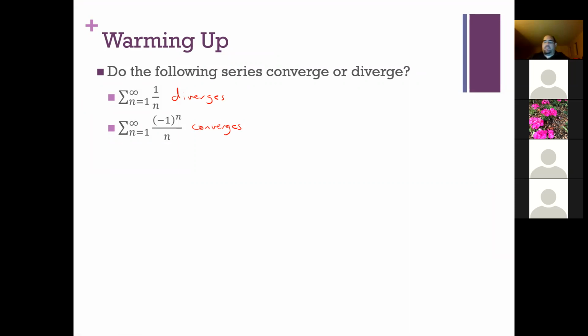Why does alternating make that difference? Any ideas why one would converge and the other one would not?